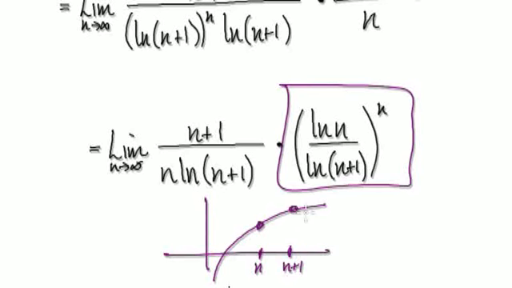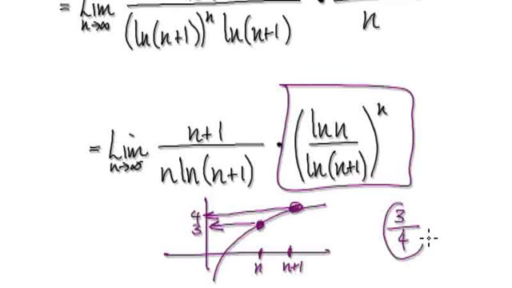So n plus 1 will always be slightly higher than n. So let's just imagine this to be 3, and let's just imagine this to be 4. So the ratio here would be, in our made up scenario, 3 over, remember n plus 1 will be slightly higher, 4. So you've got this ratio here, and then to the power of, let's say, 7.